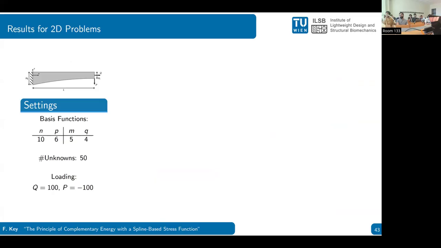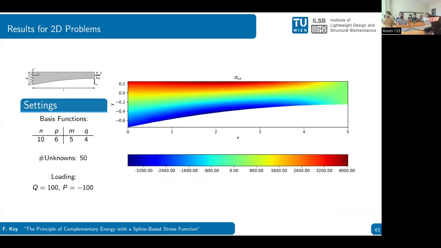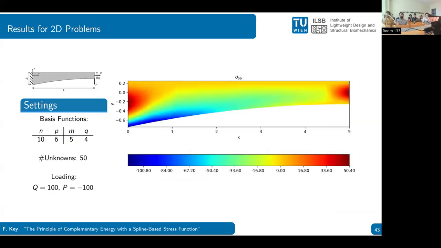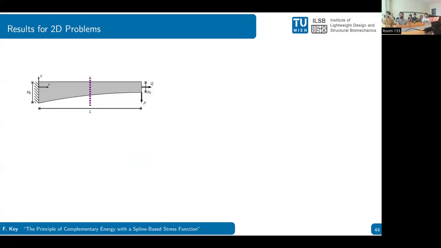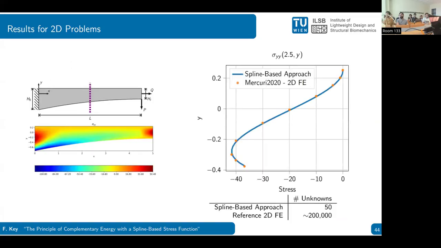In our case, we have 50 unknowns. Again, we have smooth stress distributions. And if you compare the results with what they validated their beam model with the finite element method, very similar results. Again, 50 unknowns in our case, the reference 200,000 unknowns for the displacement-based finite element.